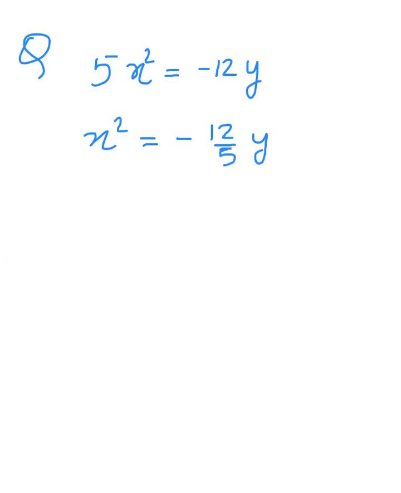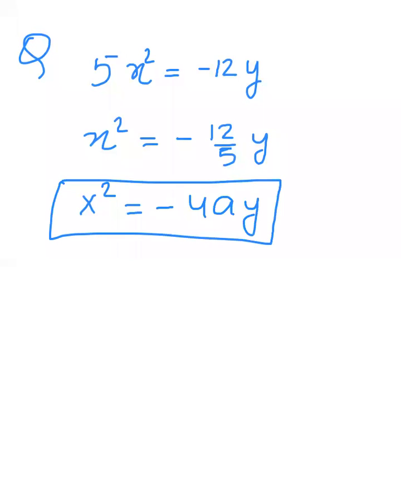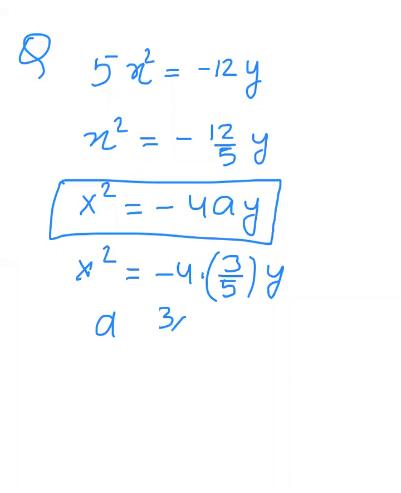We can compare it with x square equals to minus 4ay. When we compare with this, what I am finding is x square is equal to minus 4 into 3 upon 5y. That is, a is equal to 3 upon 5.